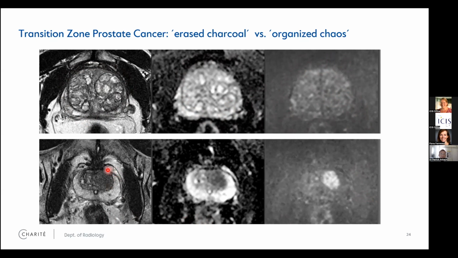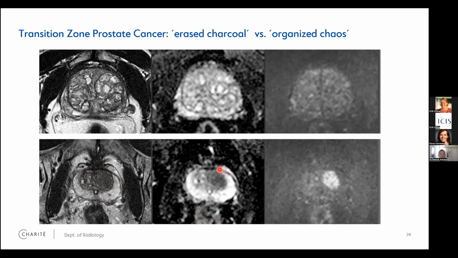What the typical finding is, is homogeneous low T2 signal intensity in the transition zone. So you can see this area, which is compared to the contralateral area, homogeneously low T2 signal. And it's more obvious in many cases, like in this case, on the diffusion sequence.